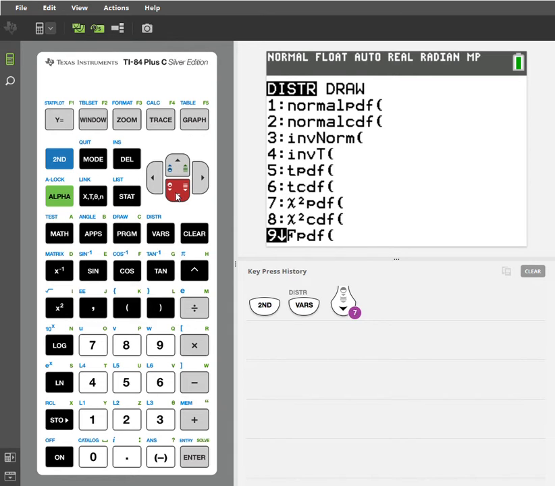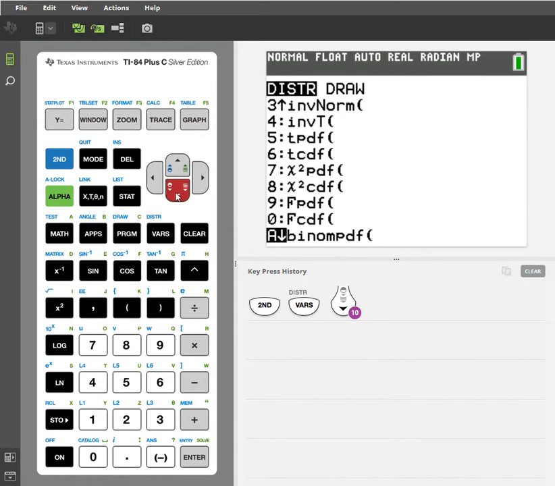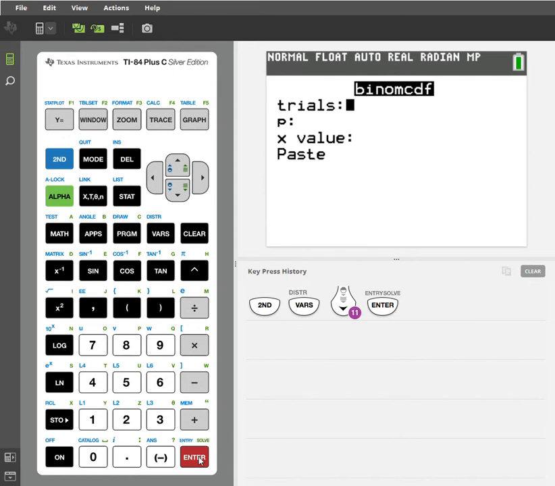None of these are binomial. Down, down, down. This is the one we worked with last time, the binomial probability distribution function. That was when we wanted to calculate the probability of exactly some number of successes. Now we want the one below that, the binomial cumulative distribution function, the probability of some number of successes or fewer. So go ahead and hit enter.